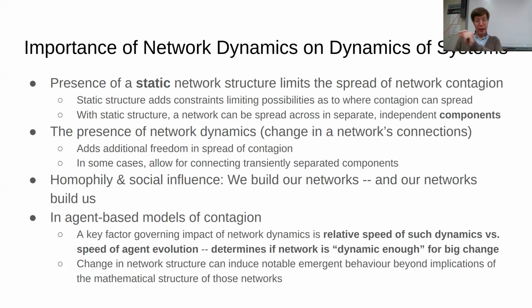It could spread from A to B by having first a connection from A to B that allows it to spread to B, and then a connection from B to C that allows it to spread from B to C. And the net effect is a spread from A to C without there ever being a contiguous path, right?